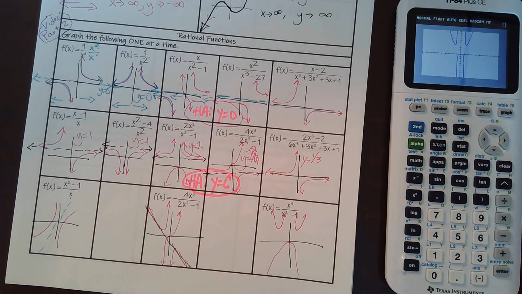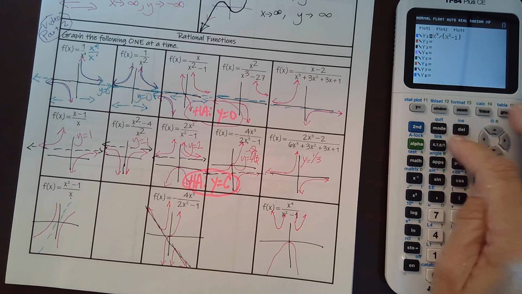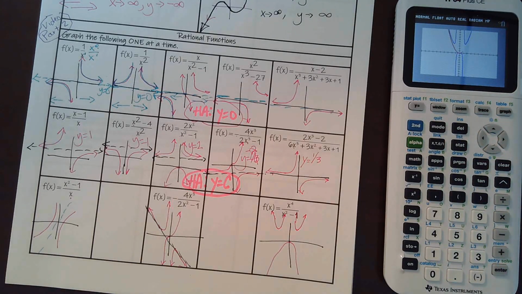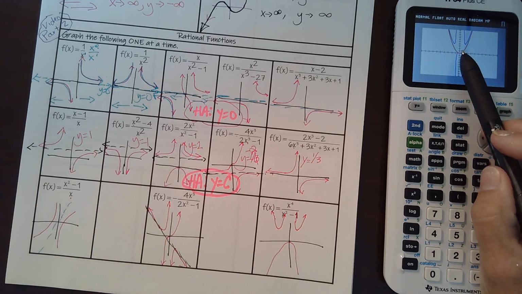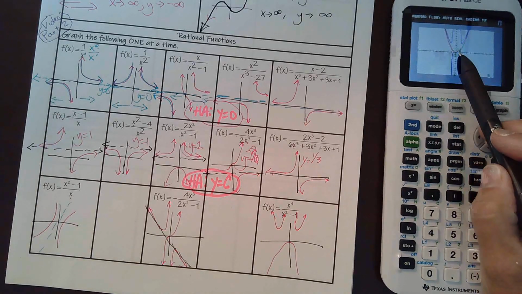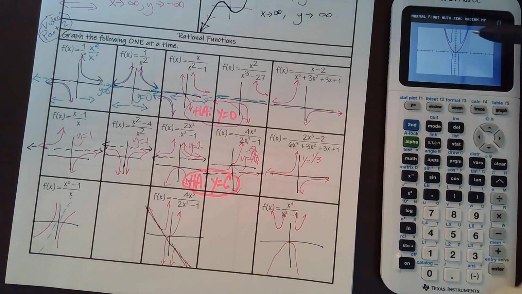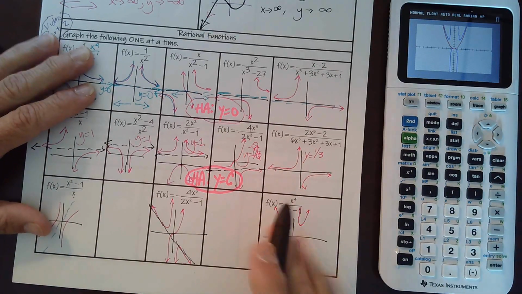So, what if I go in and I put in x squared? Let's see what it looks like. Well, how about that? If you look at the original graph, as you move away from the origin in the negative x and the positive x direction, notice that the blue branches here coincide with the oblique asymptote.